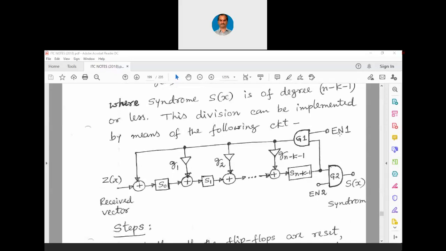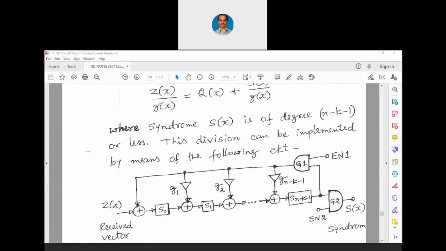That is because initially in this hardware we have to compute the syndrome vector for those many clock cycles. After those clock cycles, whatever is stored in these registers or flip-flops, at that time enable 1 is made 0 and enable 2 is made 1. So in the next clock cycles, the stored syndrome vector is going to come out as s of x. That is the idea here.